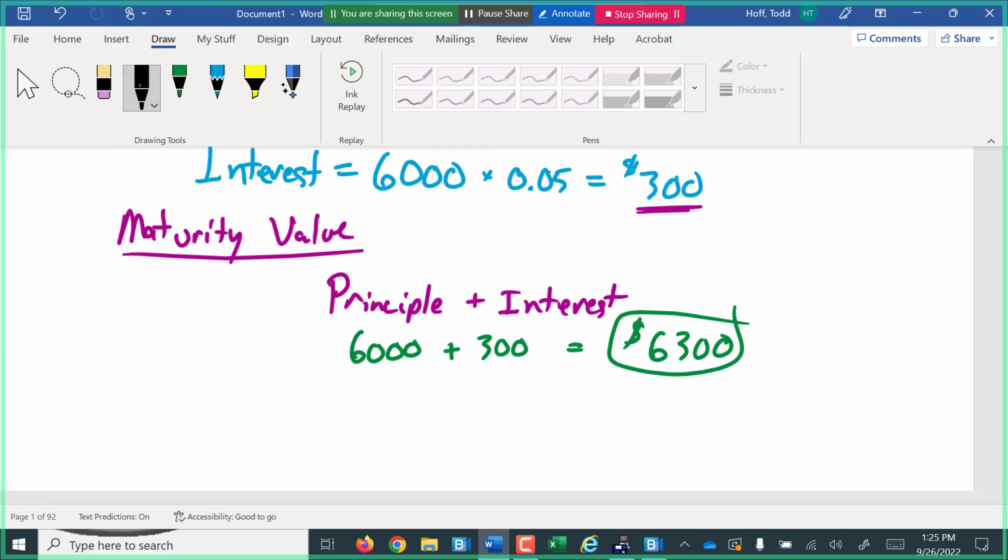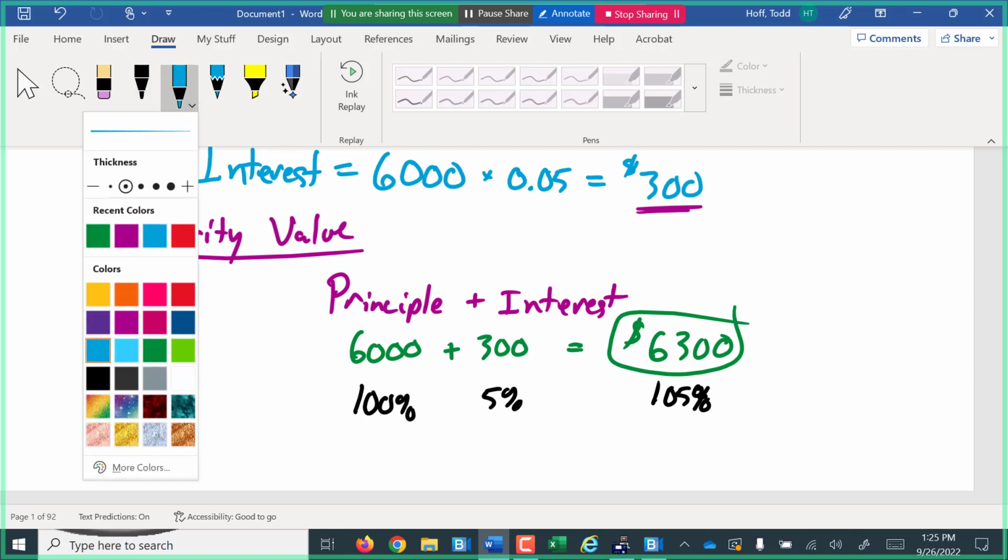Well, if we look at what happened here, we started out with the $6,000. Well, that was the beginning amount or the whole amount. That was 100%. And we added $300 to that. Well, that was our 5% interest. So the ending amount was 105% of what we started with. So we could have used that rate method.